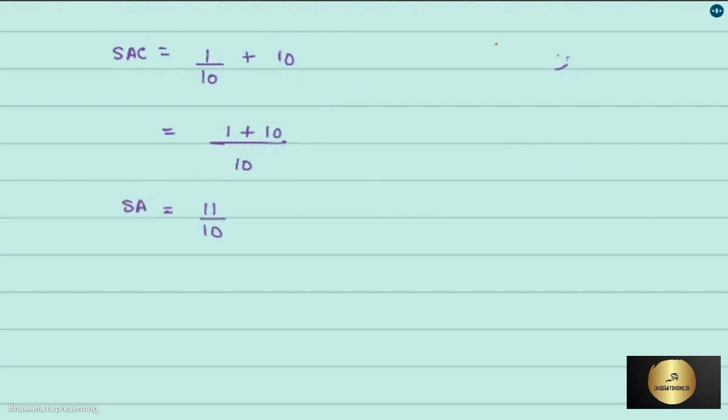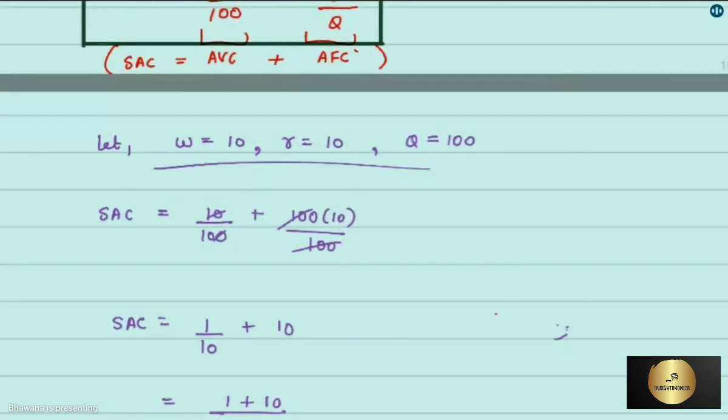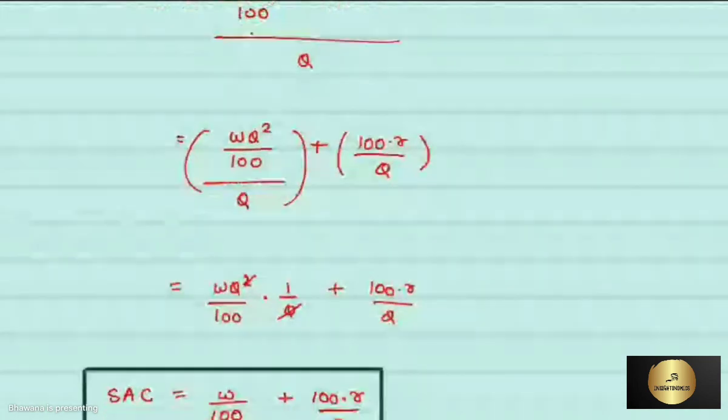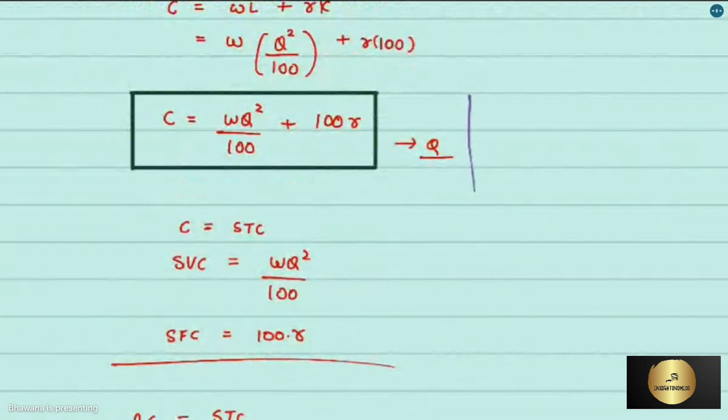This is your short run average cost. Similarly, if you put these values in the total cost function, then you will get your answer. Like this, let me put the values here and you will get some answer for total cost.